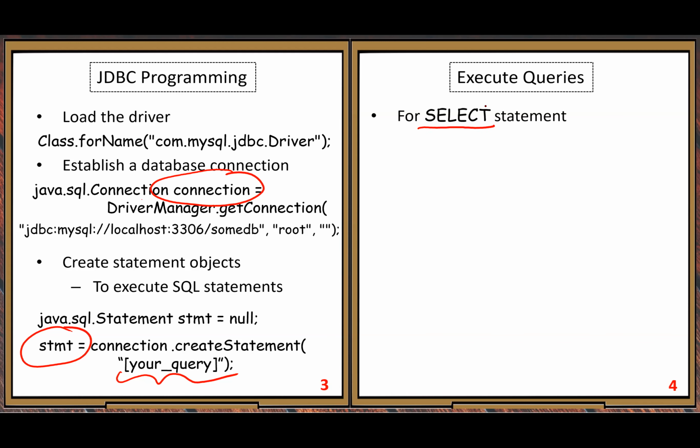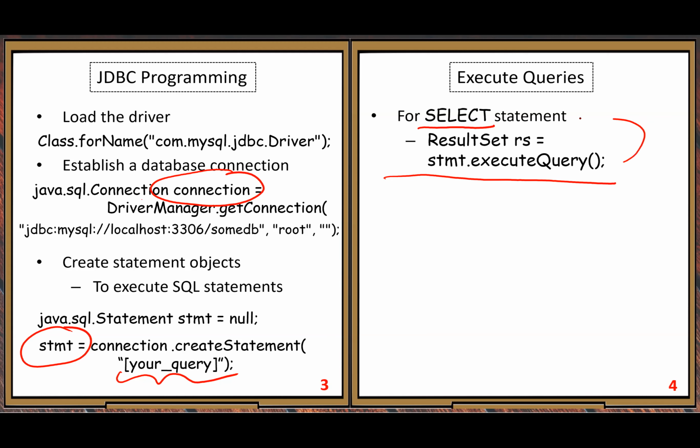When you do it, you expect some result returned. So you use this line: ResultSet rs = statement.executeQuery. Then the result object is returned to that rs reference, so later you can retrieve data from this rs object.